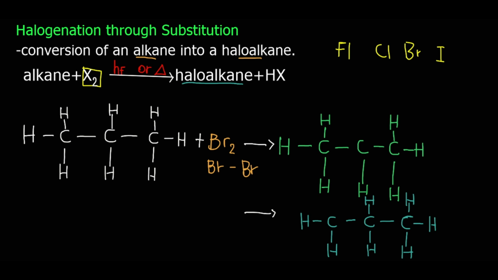We will use Zaitsev's rule. We look for the carbon that has fewer hydrogens, and then remove a hydrogen from that carbon. We look at this carbon, which has 3 hydrogens, and then this carbon, which has 2 hydrogens. This one has 3 hydrogens. This means we remove a hydrogen from this carbon. So we do it in this way.